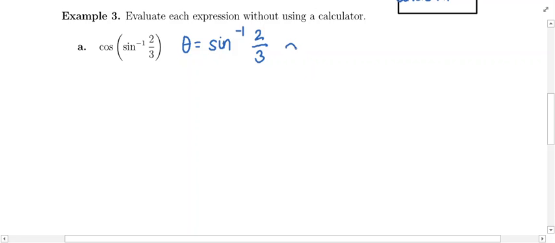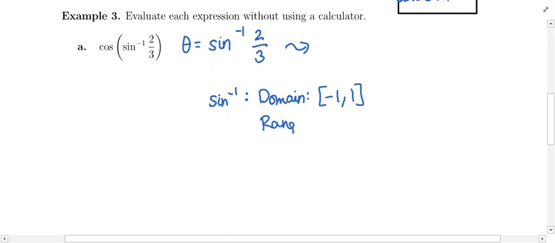If we're dealing with sine inverse, we have to go get its domain and range. If you flip back to page 7, the domain of sine inverse is -1 to +1, including the endpoints. The range, the type of angle that is returned, is going to be from -π/2 to +π/2, including those endpoints.